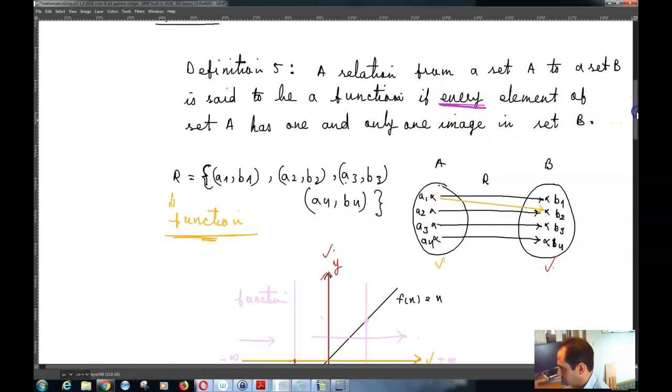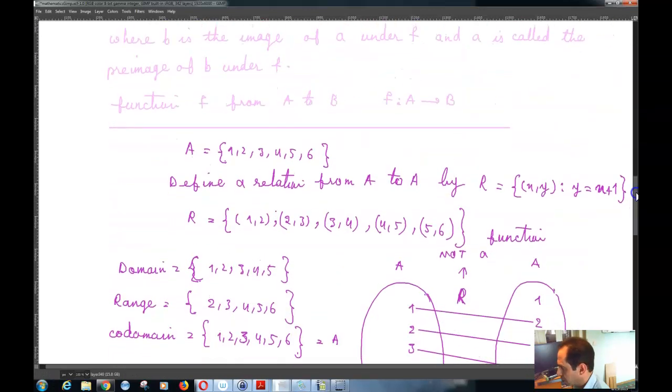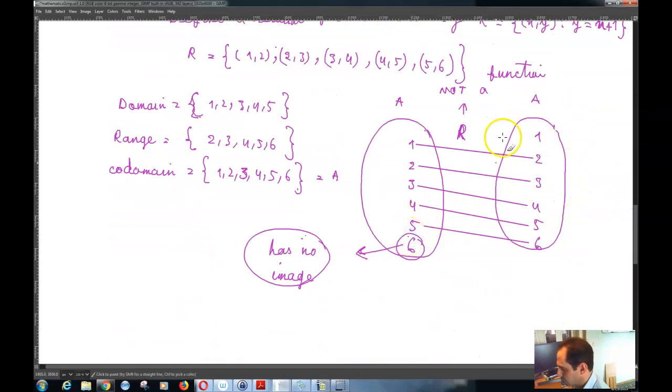And over here you can see that not every element has been mapped to some other element in the other set. So this is not a function.